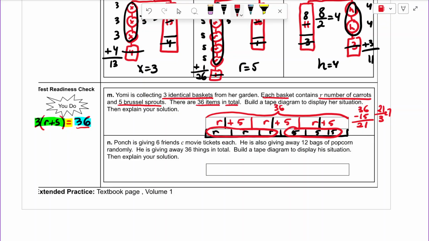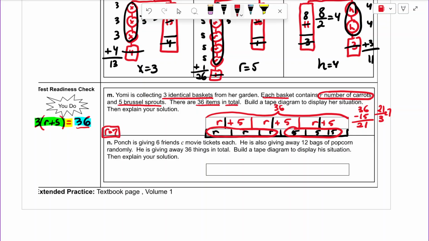What does the R stand for? The R stands for the number of carrots that are in a basket. There are 7. All right, so that's what Yomi did. We built a tape diagram to display her situation, and now we need to explain the solution. So this is the solution right here: R equals 7.